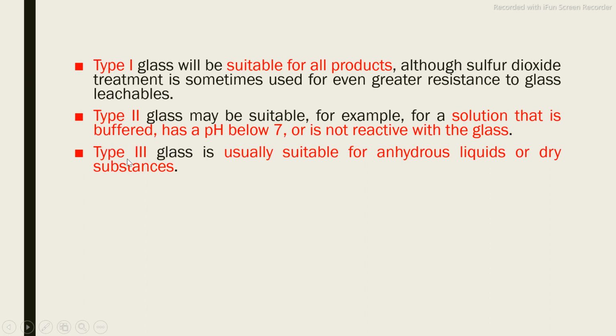So if we use this type 3 glass for an aqueous preparation, there will be maximum attack of the water on type 3 glass, and more alkali and alkaline earth metals will enter into your parenteral preparation, because type 3 glass is attacked by water.